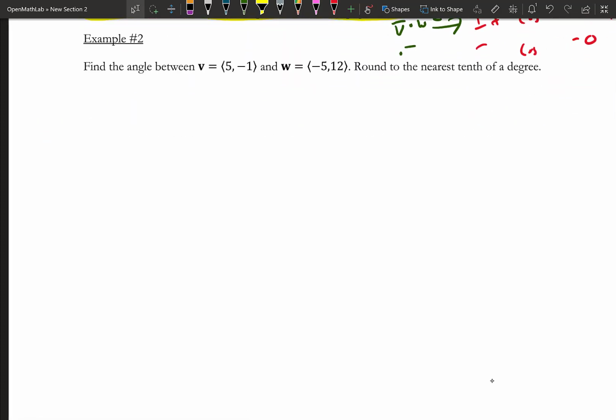So example 2 asks us to find the angle between vector v and vector w, round to the nearest tenth of a degree. So, using that equation, cosine of theta is going to be equal to vector v dot vector w divided by the modulus of v times the modulus of w.